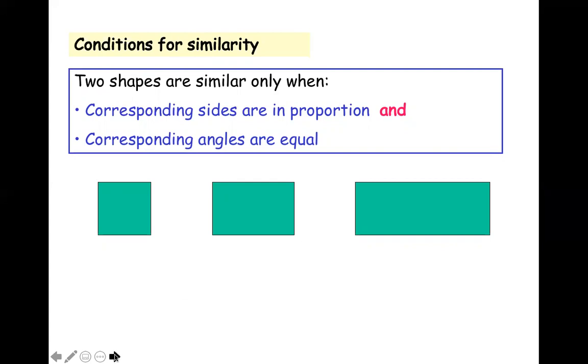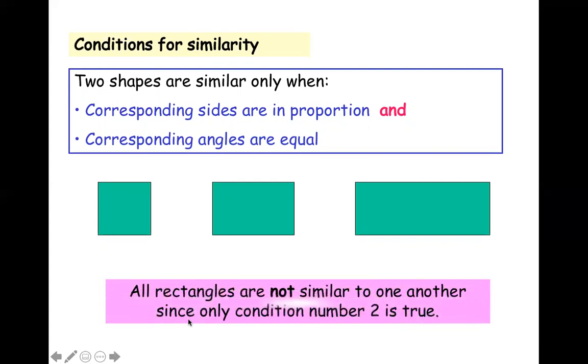Okay, so if I look at this, I'm thinking all these rectangles are not similar, even though they are rectangles, because they do have the same angles internally. You can see 90 degrees, but the sides are not proportionate.